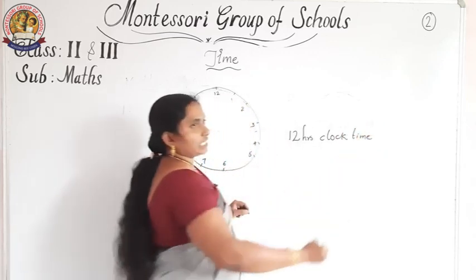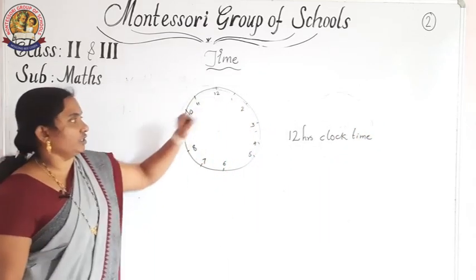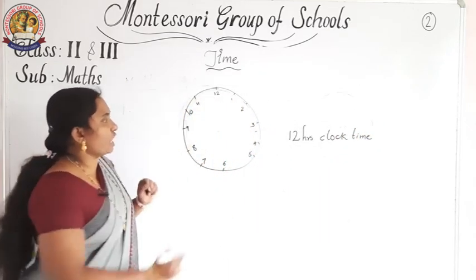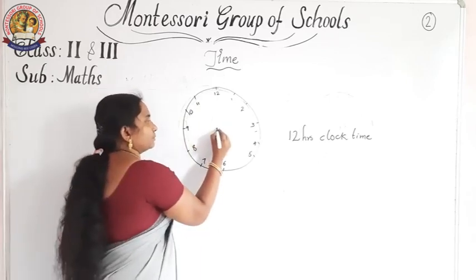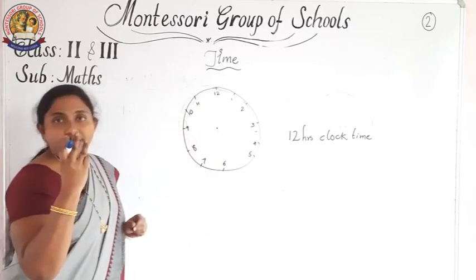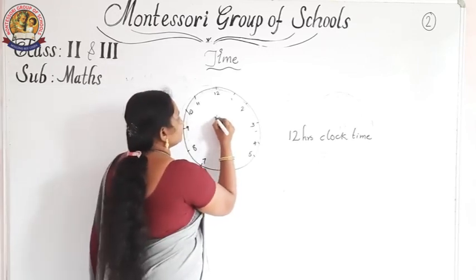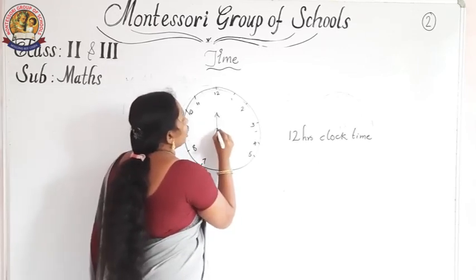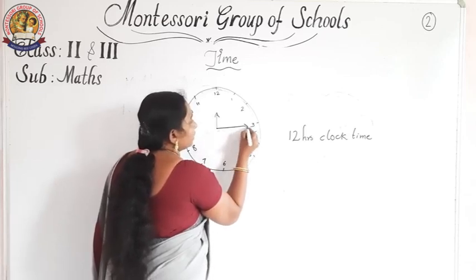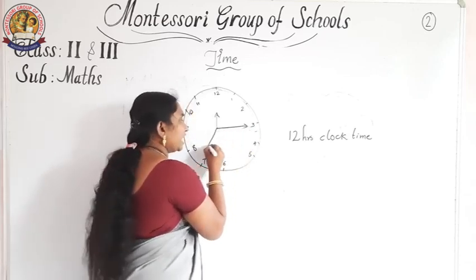Now, 12 hours clock time means, listen carefully. In your watch, you will observe there are 3 needles: one short needle, one long needle, and another thin needle.